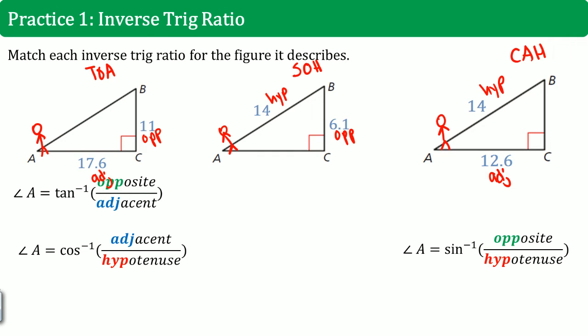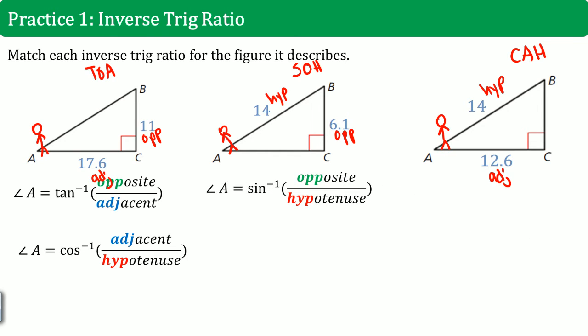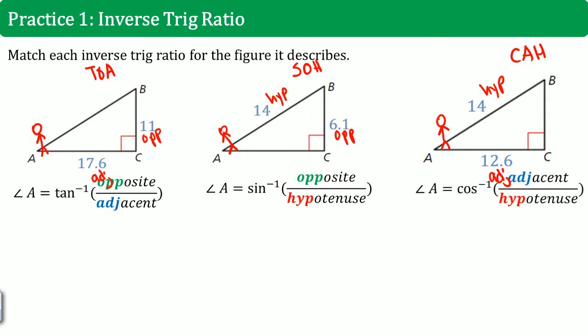To find angle A here, we would use inverse tangent of opposite over adjacent. Here, to find angle A, we have to use the inverse sine because we have opposite over hypotenuse. Then the inverse of cosine for your adjacent over your hypotenuse. I just want you to make sure that you know which inverse trig ratio to use based on the situation. Now I'm going to show you an example.